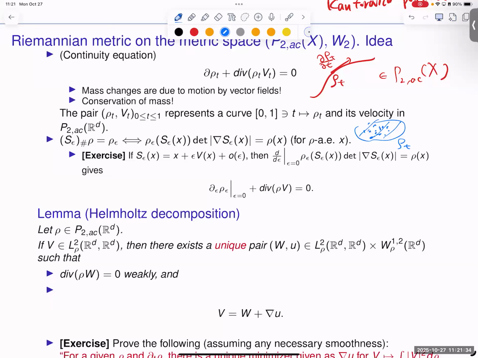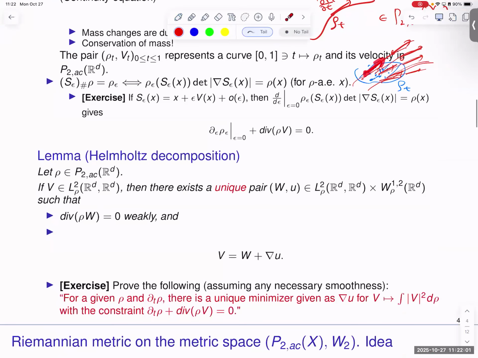Each particle is moving, following a certain vector field. Particles are moving, having some velocity for each particle, and that velocity is a vector field, because at each location where the particle is, you have this vector.